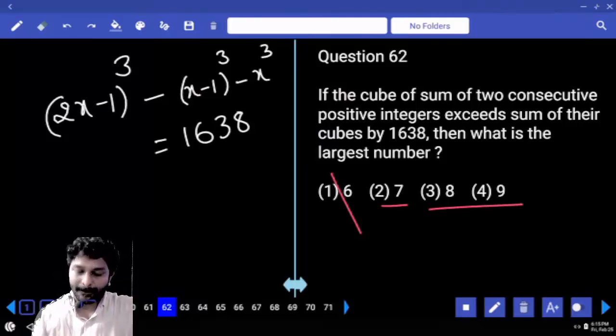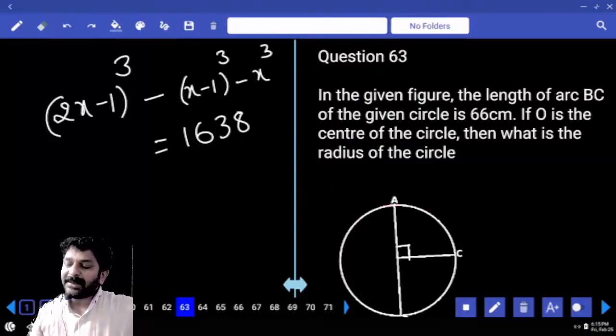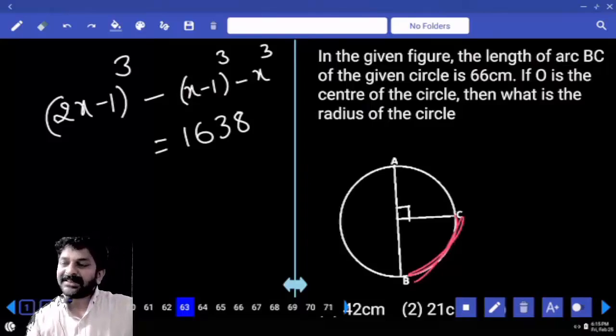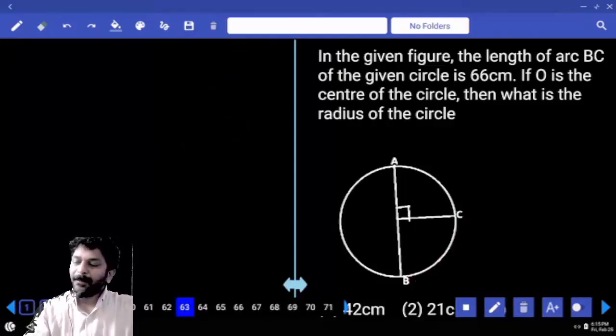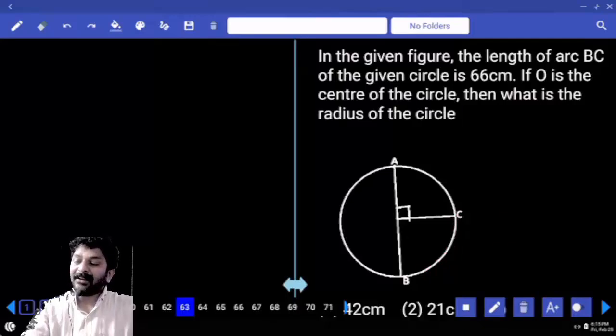Okay, now in the given figure, the length of arc BC, here it is BC, of the given circle is 66. If O is the center of the circle, then what is the radius of the circle? Right. Now, BC, can I treat this as 1/4 of the perimeter? Then to get perimeter, BC should be multiplied by 4, right?